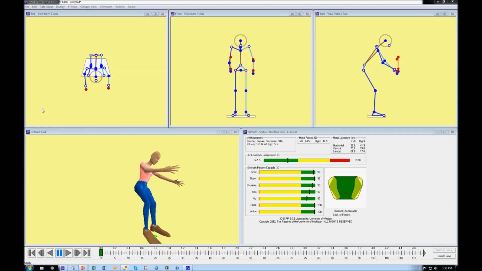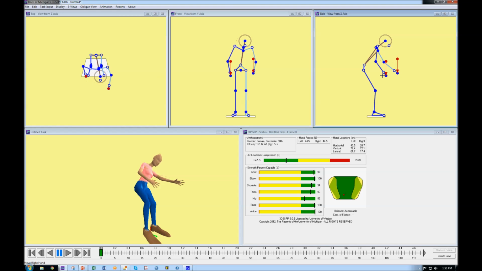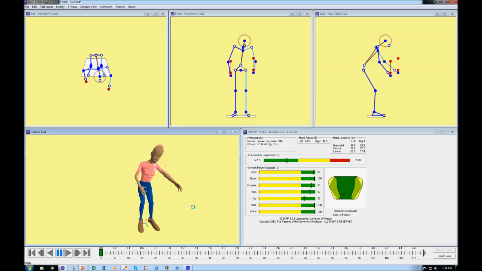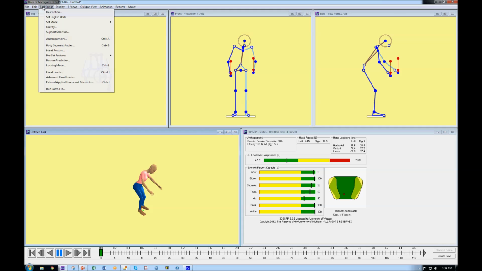Now, there are two ways to actually manipulate the mannequin. As I've shown before, you can take the closed blue dots and move them, for instance, we're moving the hand around right now to manipulate the mannequin. The other way to manipulate the mannequin is to use a function within the software under task inputs known as posture prediction.